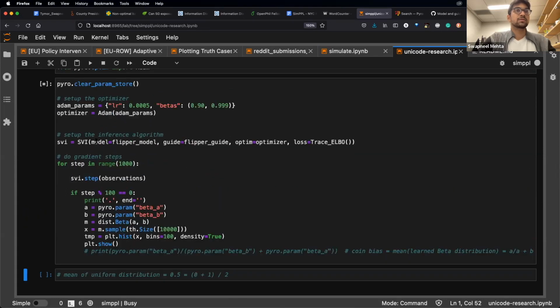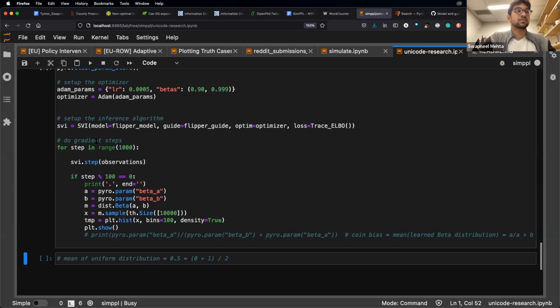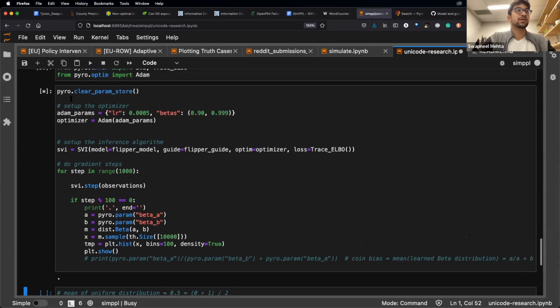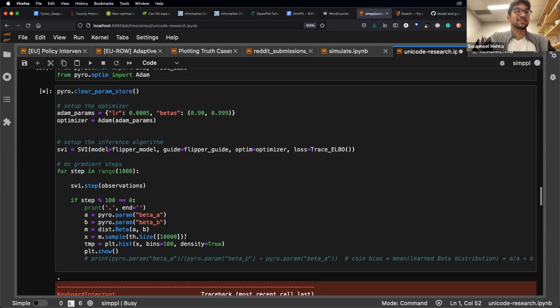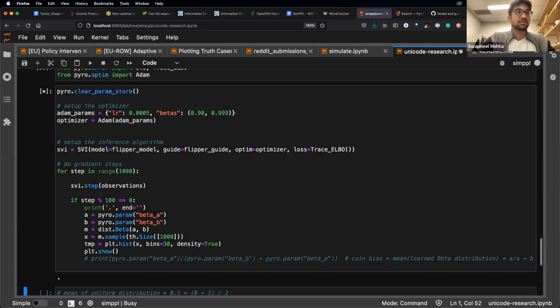Why is this so slow? Really slow. Maybe I should take fewer samples. This is really slow. Bins is equal to, let's say, 30. I mean, it's working.